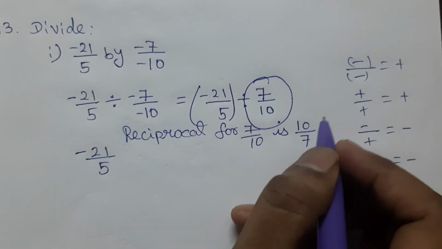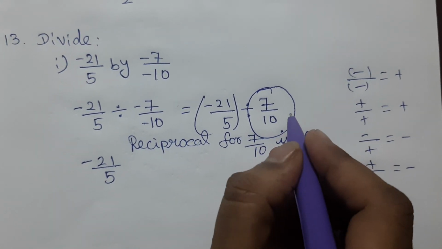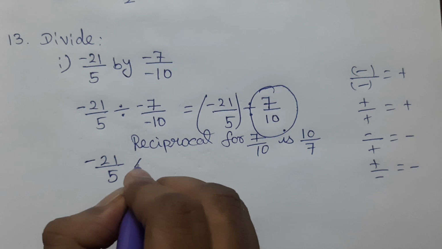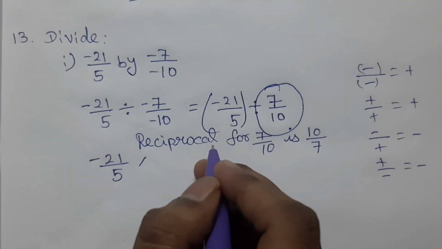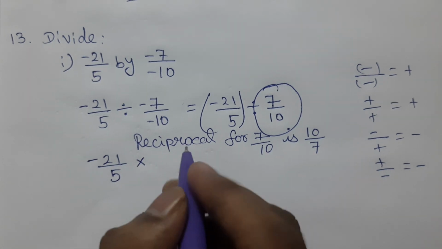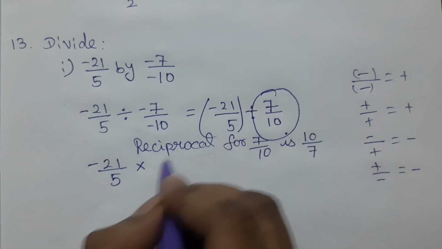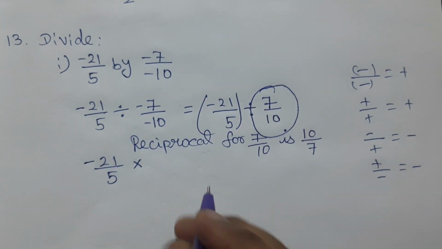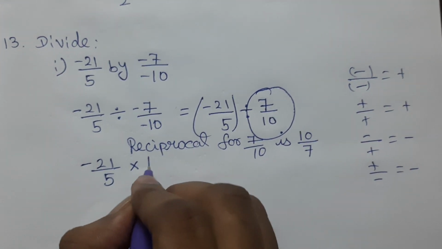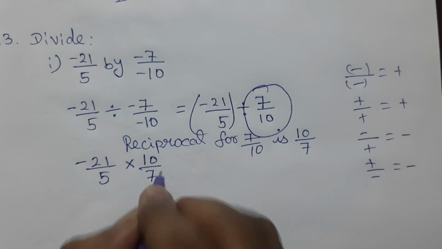That's why we took a reciprocal, isn't it? So this division you can write as multiplication and write the reciprocal for the denominator term. So reciprocal for this one is 10 by 7.